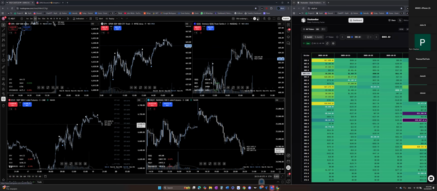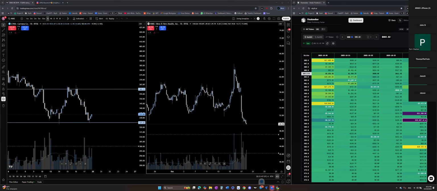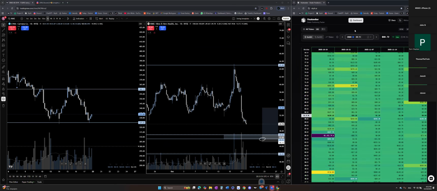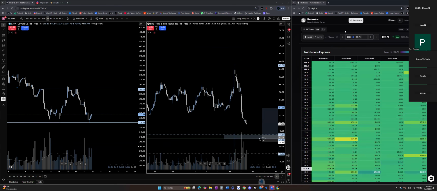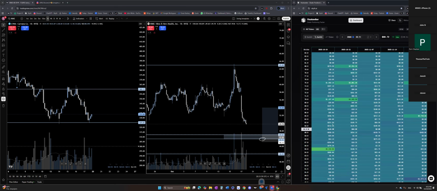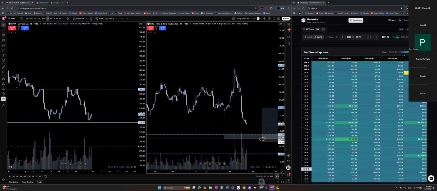I'd be bullish if we bounced off of that. But you also need to keep in mind that the Iron node, I believe, is a hedge node, or not a hedge node, it's an OPEX node. This is OPEX for November.